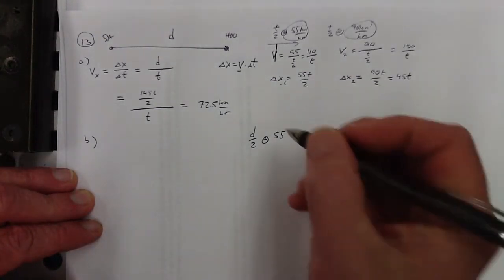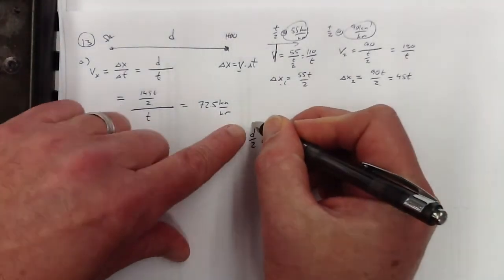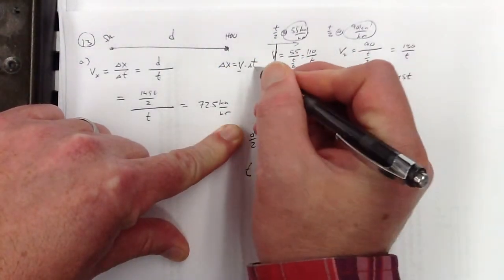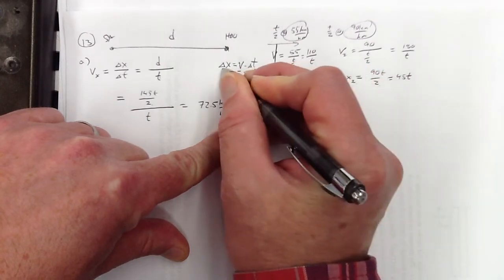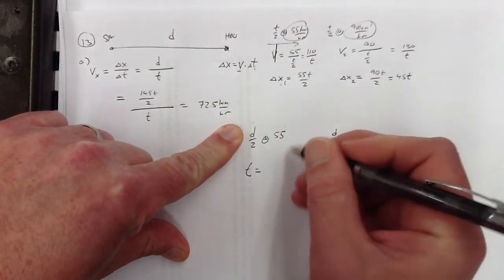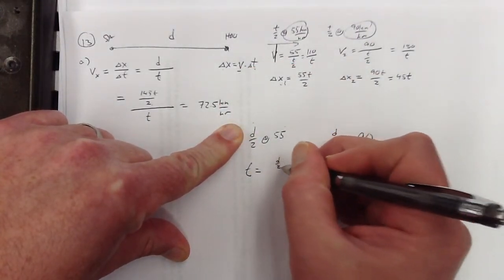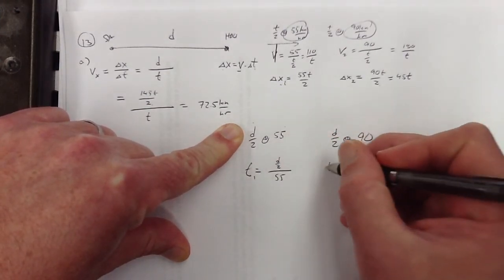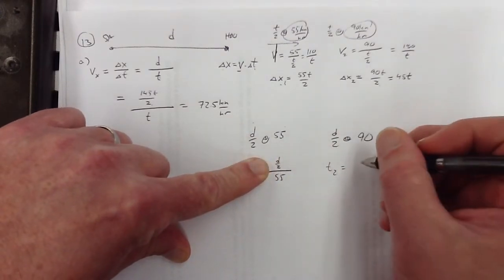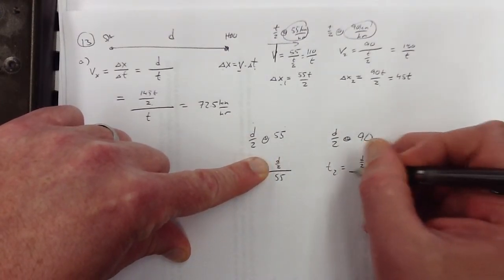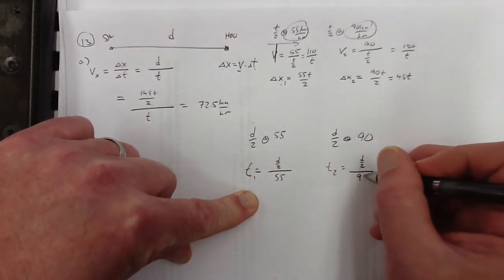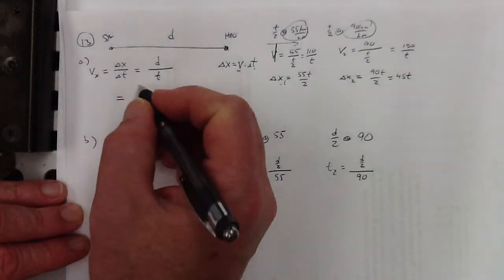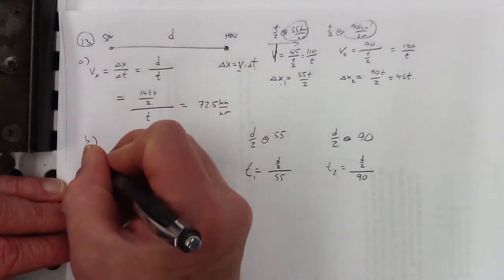I've got my x and I've got my v, so what's t equal to? If I rearrange this and solve for t, t is equal to delta x over v, with delta x being half the distance, right? That's those two.